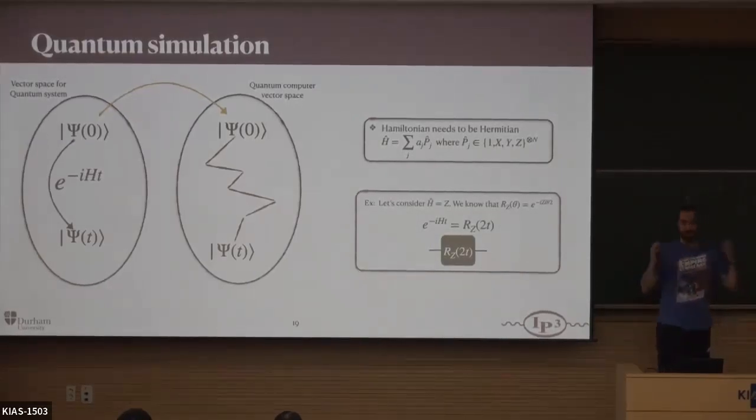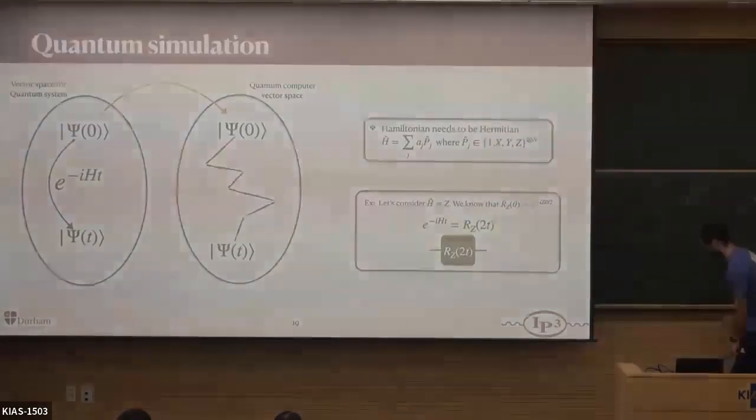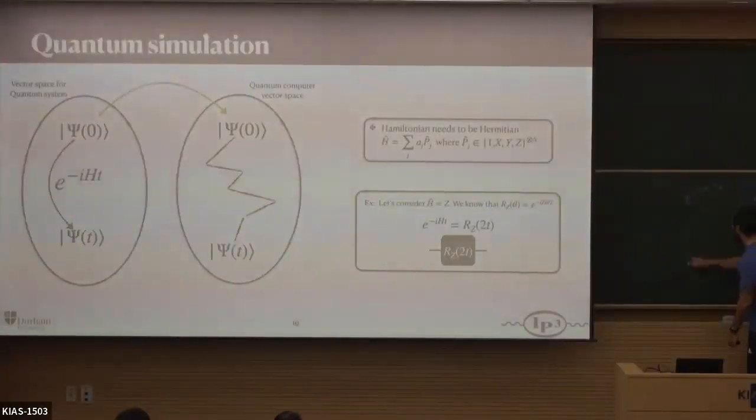Very simple thing. We know how to write a Z rotation, right? Z basically flips a Bloch sphere. If you have a 0 state here and a 1 state here, the Z operation rotates it from here to there.